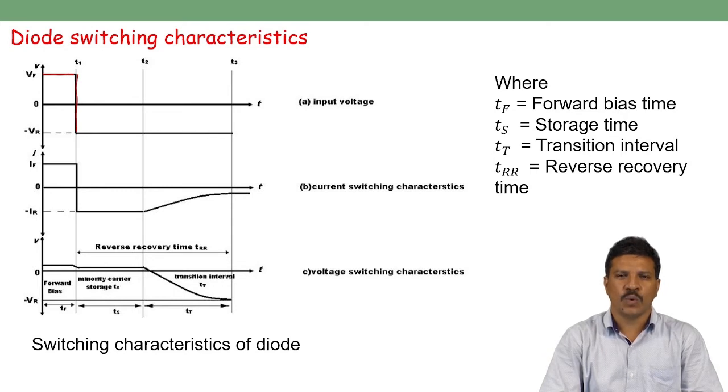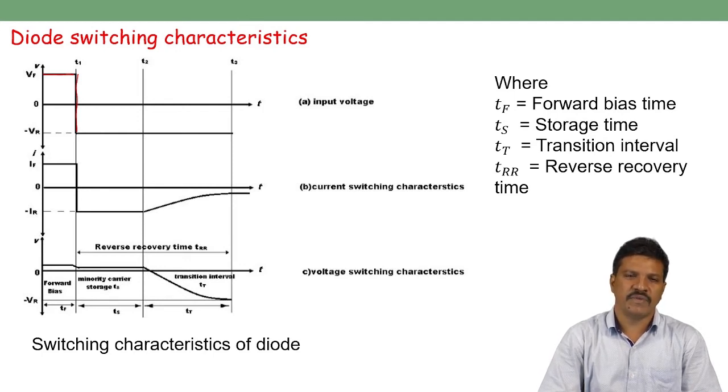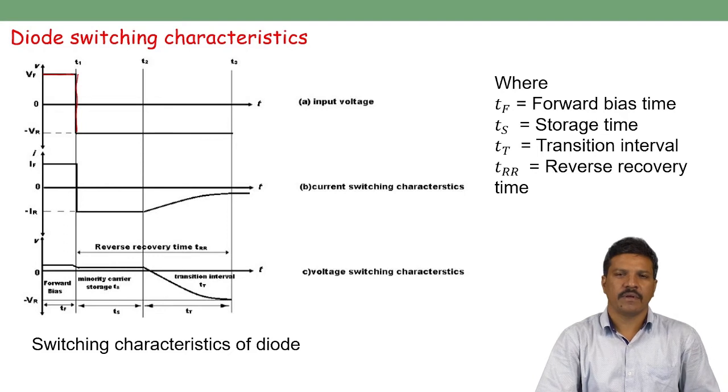The time taken to respond and move towards the junction is very small compared with the reverse recovery time. That's why the forward recovery time does not matter, and it is not a problem at all. Only the reverse recovery time is a problem, so we will focus on it.